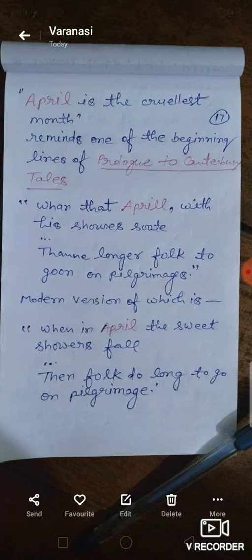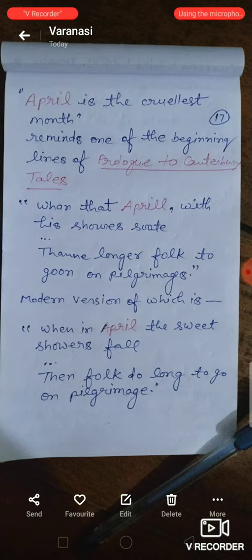In the 14th century, when April used to come, the people used to plan to go on some pilgrimage. As we see in the context of Canterbury Tales, the people from different corners of England are preparing themselves for going to the shrine of Thomas a Becket, Saint Thomas a Becket.